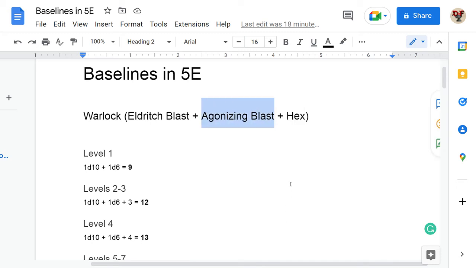Now, Agonizing Blast, in my opinion, also leads to a little bit of contention. Invocations are intended for a warlock to make up the gap between their lack of spell slots and other spellcasters.